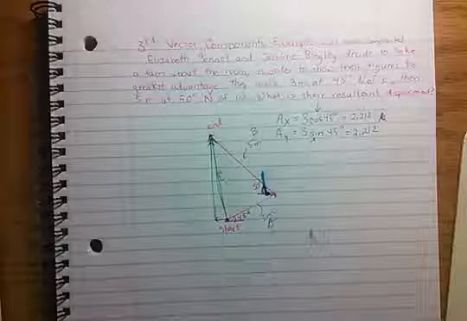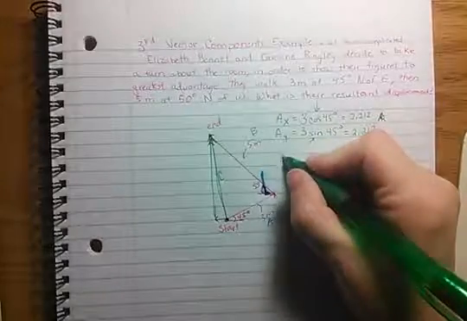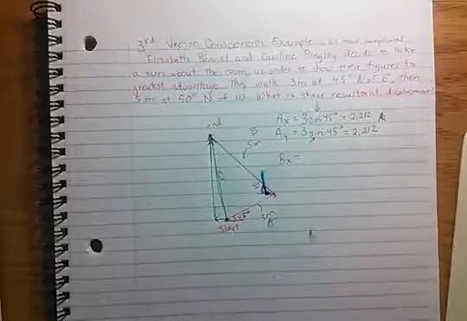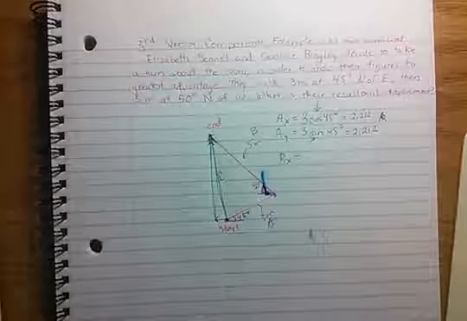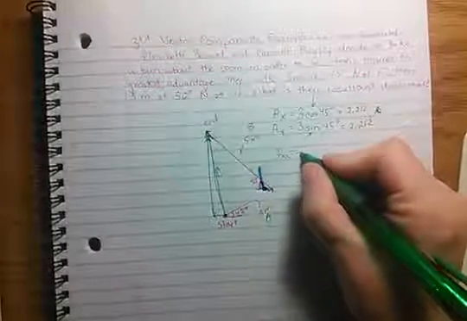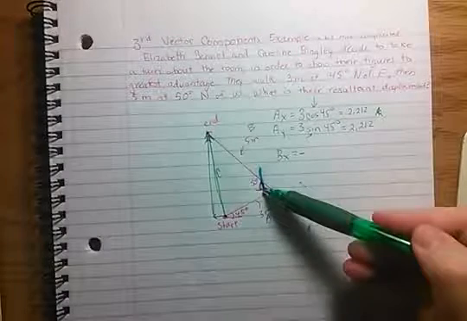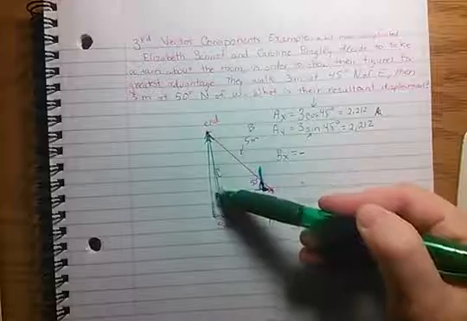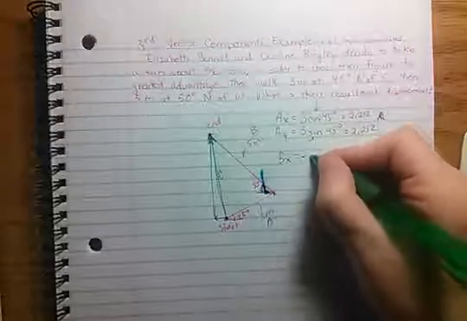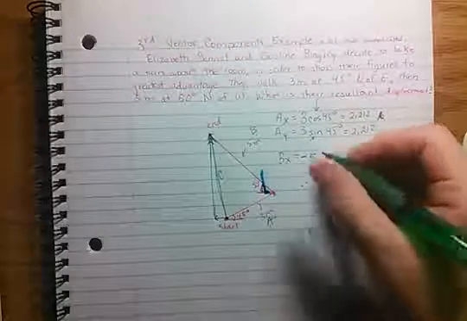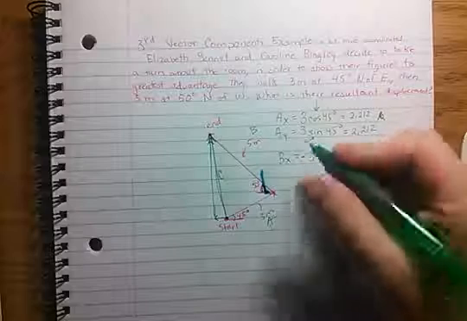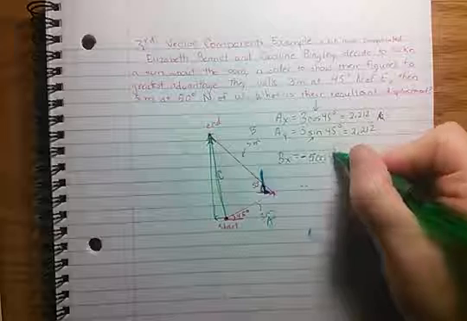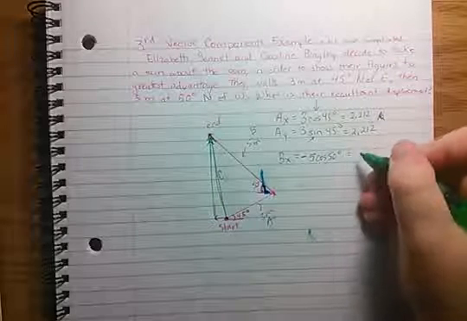All right, let's do that B vector. Okay. What do we need to remember about west? West is negative, so we want to say this is equal to negative, again, because the x component of B is pointing in the negative direction. So it's going to be -5. And what's our angle for B? Our angle for B is 50 degrees. So times the cosine of 50 degrees.